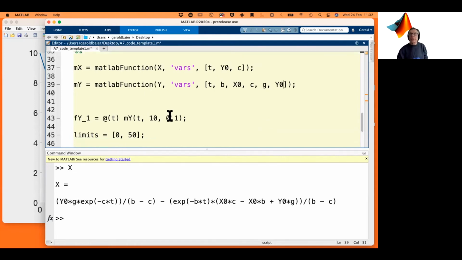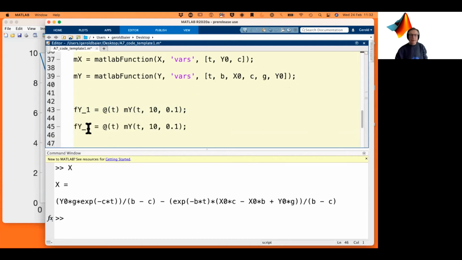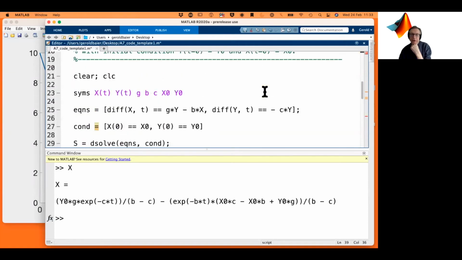If we now want to specify a function, I copy and paste this as well, and I specify a function x1 derived from the x variable, taking the solution from the x algebraic function and specifying the parameters in the order in which they appear over here. So what I need to know is b, c, g and x naught, y naught.